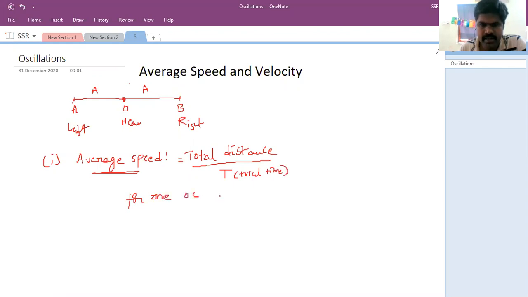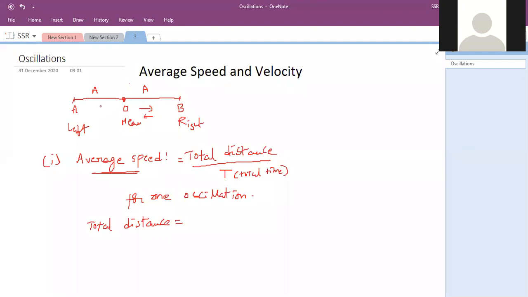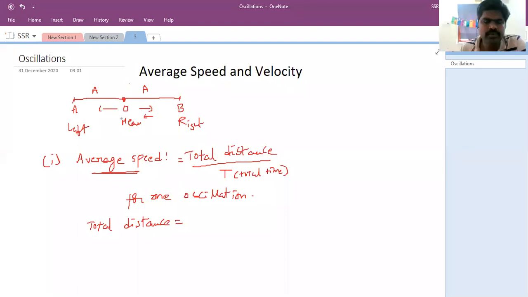Can anybody tell me, for one complete oscillation, what is the total distance traveled by the particle in simple harmonic motion? You can see here from the diagram, it is going from O to B and then B to O, and again O to A, again A to O. Distance wise, magnitude wise, you can take same.